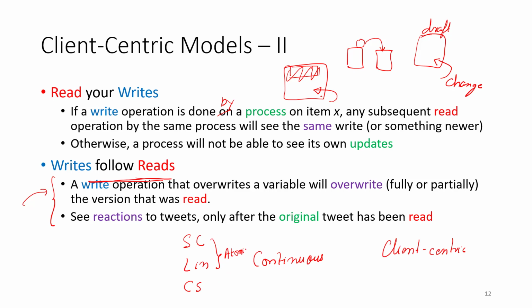In causally consistent, we didn't see atomicity. That is why we didn't like the results that it gave. Continuous, again, if you have atomicity, you'll not have an error. So atomicity is definitely desirable. And client-centric, if you have atomicity, then you'll not have any problem. That is why in the CAP theorem, they have taken atomicity as the definition of consistency, by and large.